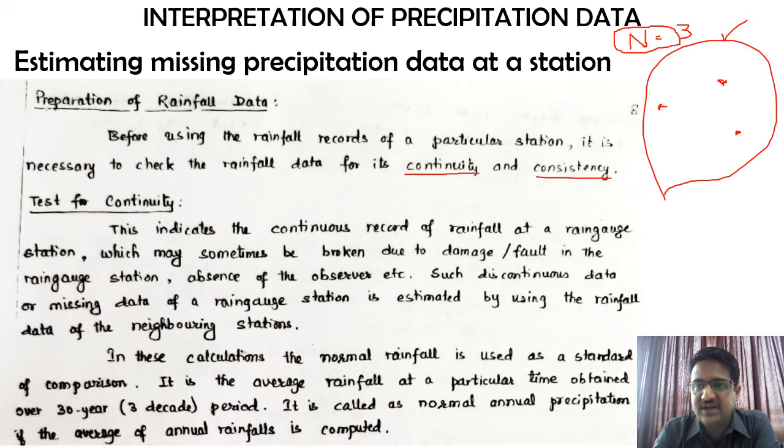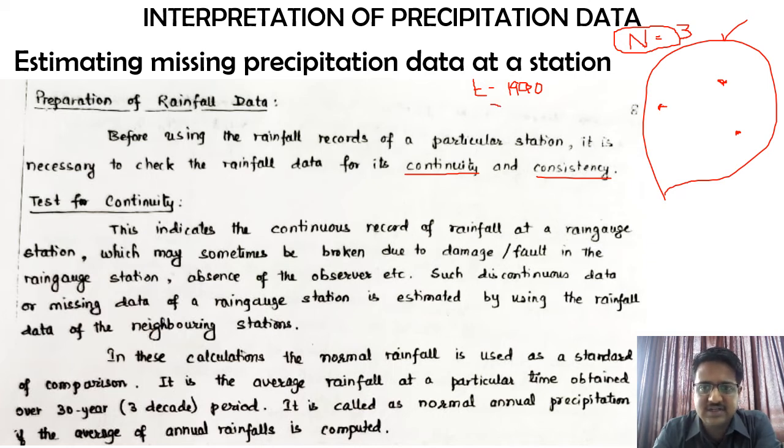What if you are establishing these 3 stations in, let us say, the year 1990, and you are collecting the rainfall data from these rain gauge stations every year, every month, every 6 months, every season, based on your requirement.